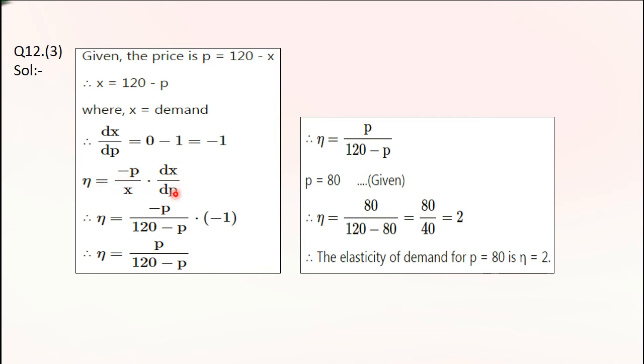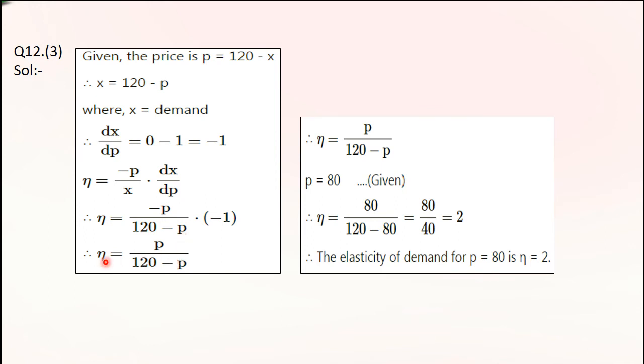So we will directly take the value of demand as x and the derivative is dx upon dp. So eta is equal to minus p upon 120 minus p, that is x, and dx by dp is minus 1. That means minus p into minus 1 is p, divided by 120 minus p, as eta.